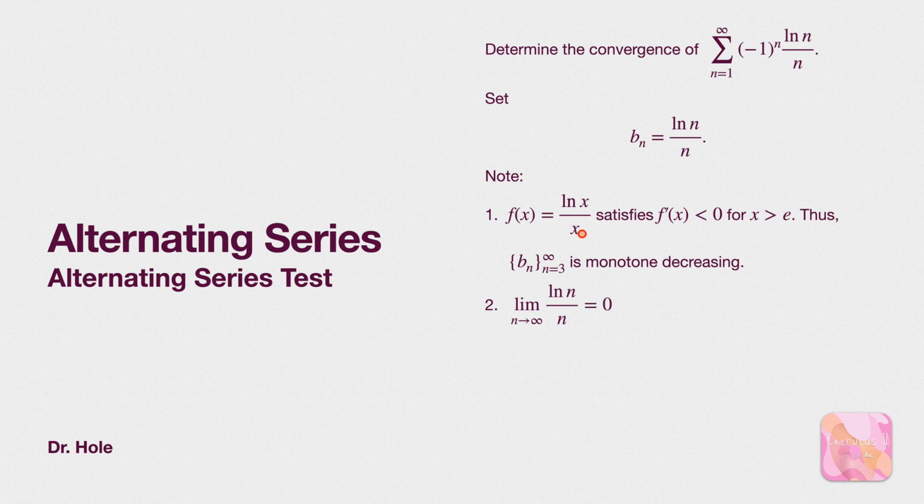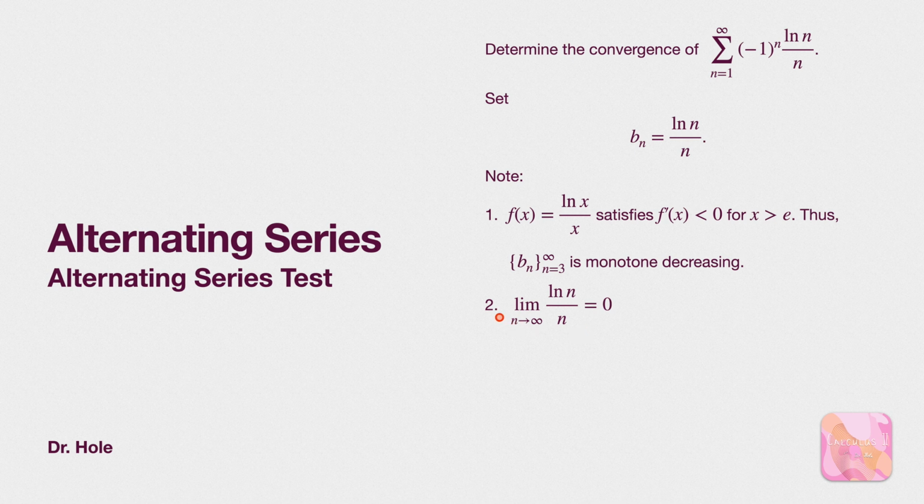The check of establishing monotone decreasing can be done in various ways. Here's a second way. Identify the Bn's as a function evaluated at integer inputs, and that allows you to then differentiate the f. If you find that the derivative of f is negative, then the function is decreasing, and thus the sequence is decreasing.